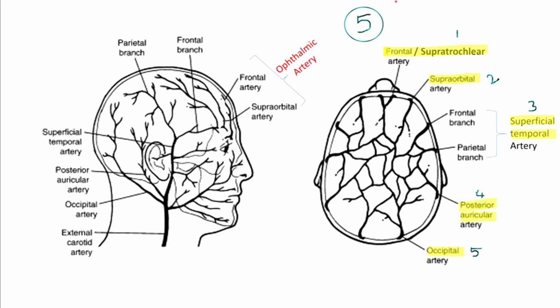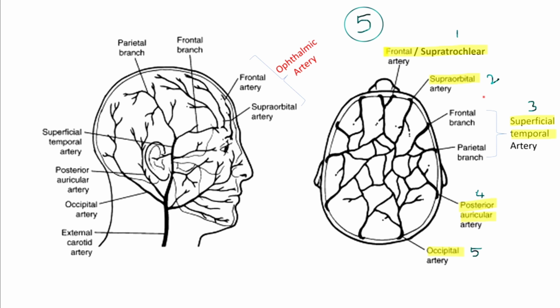You have to remember 5 arteries that supply your scalp. The first is the frontal or supratrochlear artery. Next is the supraorbital. These both are branches of the internal carotid artery. The next is the superficial temporal. It has two branches, the frontal and the parietal branch. The next is the posterior auricular, behind the ear.